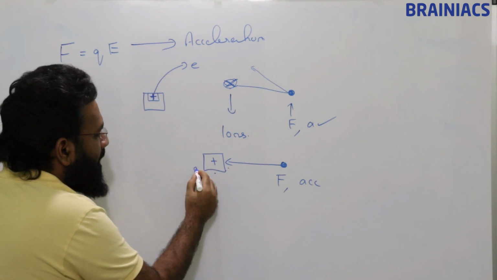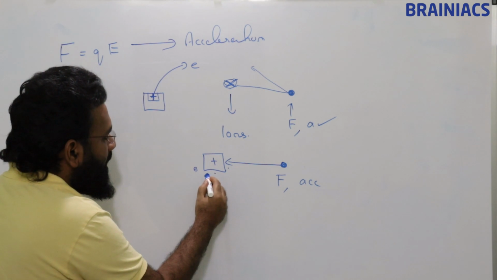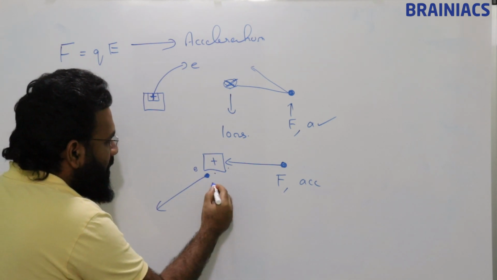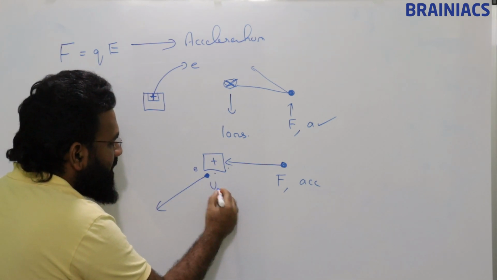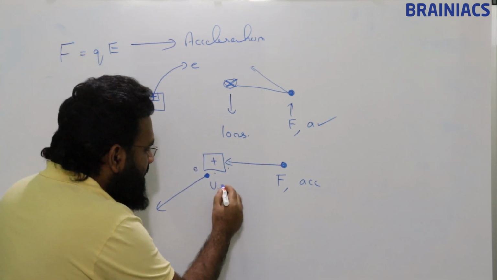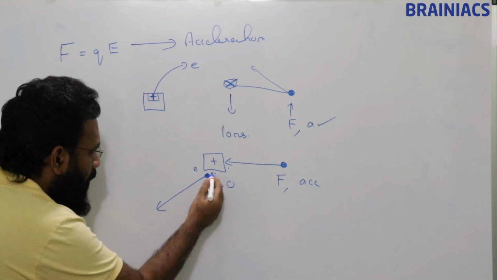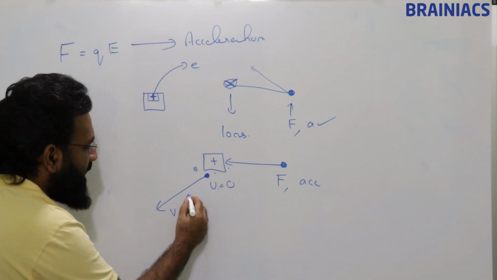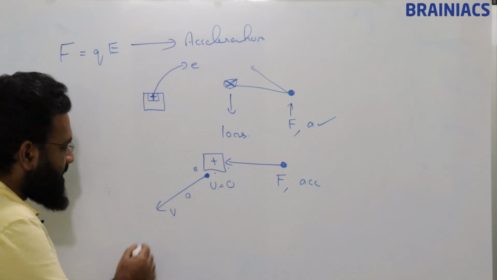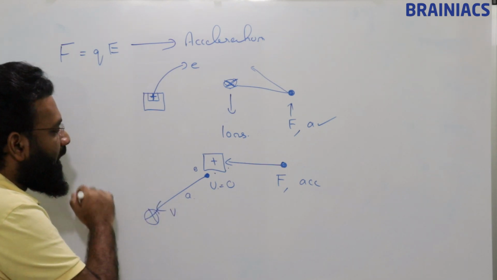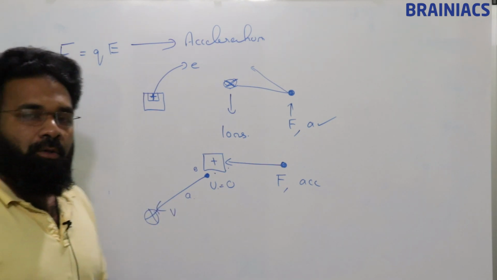The electron will be moving again. So after collision its velocity will change. Velocity will become 0. Then again while coming, its velocity will increase under the influence of acceleration. Again it will collide with another atom.